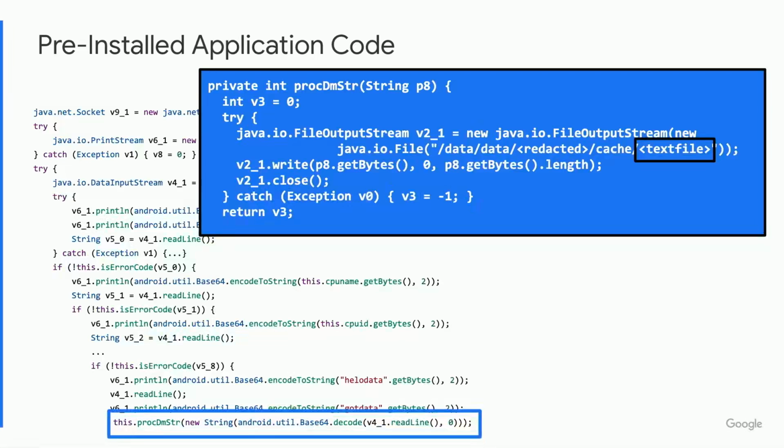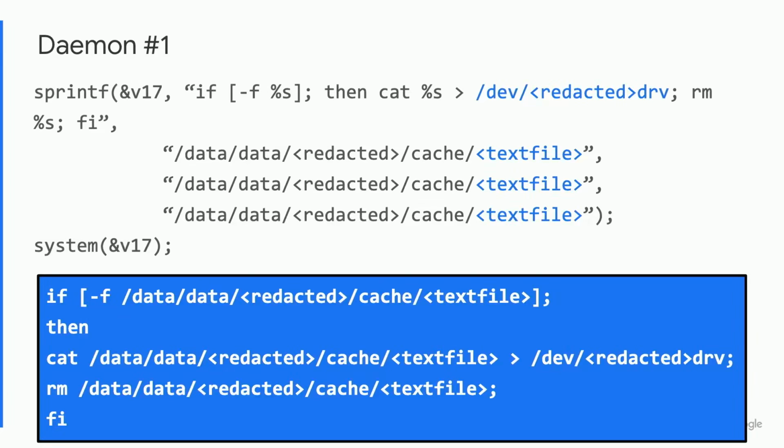And then at the bottom, finally, after hitting enter 7 times, the remote entity can send a string. It's base64 decoded and then sent to this procdm string method. Procdm string then just directly writes that string with no sort of processing into a text file that lives in the app's cache directory. Then we have our first daemon, and this is where the modified SE Linux policy came into play.